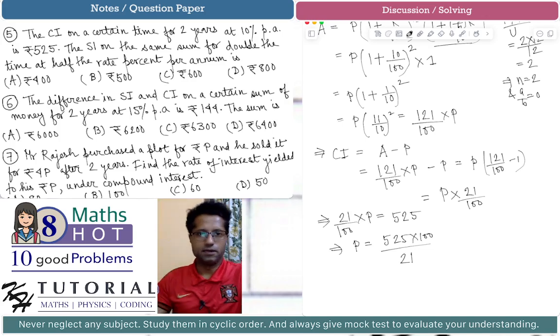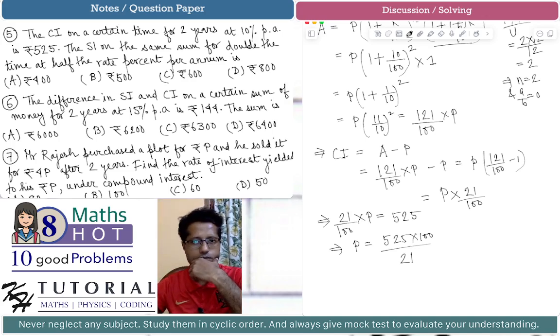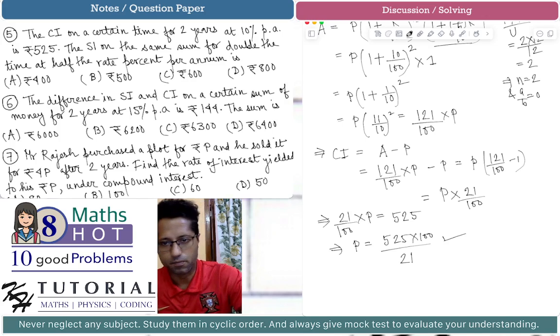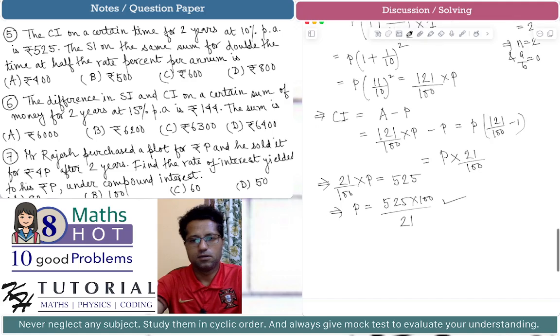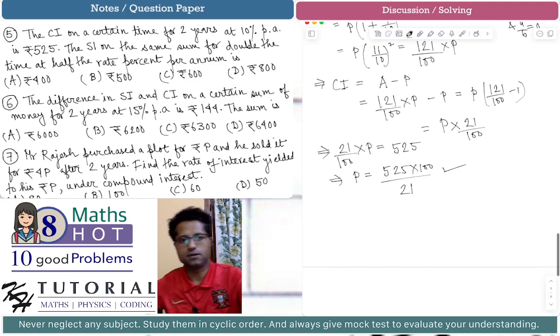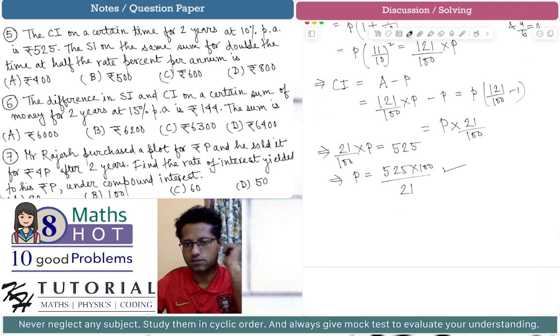So this is P, the sum. Now I will not simplify this value as yet. I will leave it like this. Maybe this will help in finding the simple interest. So what is it asking? It is asking the simple interest on the same sum.